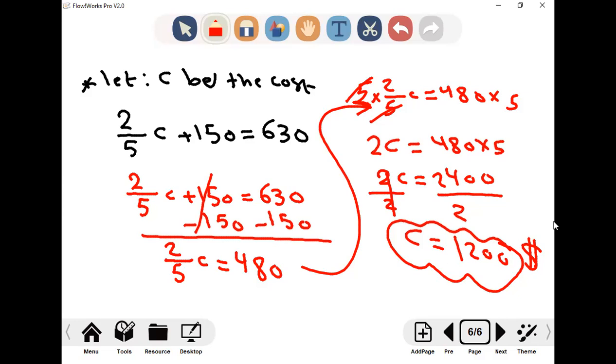No. The variable, what is the variable? Let's say it is the cost. Write it in the table. In the equation, what do we have? 2/5 C, then plus 150, then equals 630. They just divide the equation only.